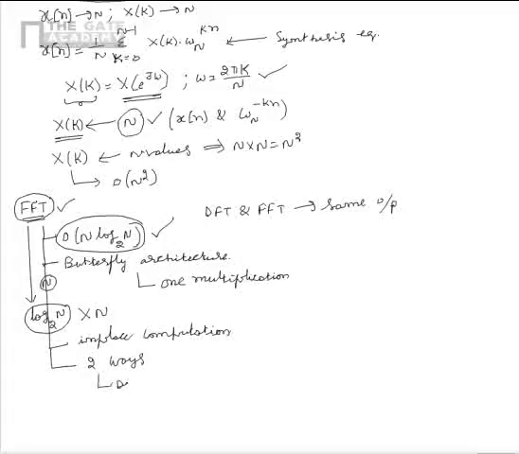One is decimation in time, the other is decimation in frequency. So there are two ways in which FFT can be computed: the decimation in time algorithm and the decimation in frequency algorithm.